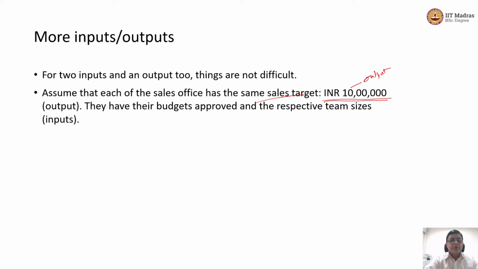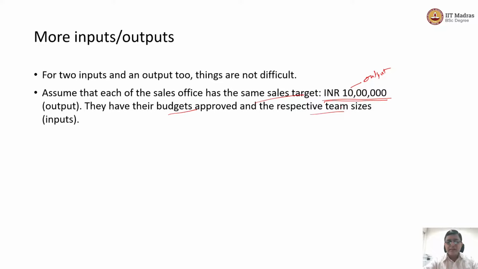Now, what are the 2 inputs that we are going to consider in this example? Let us continue to consider budget as an input. So they have their individual budgets that are approved by the management, and they have a marketing team available in that particular office, sales team or marketing team. I'm generalizing this, of course.